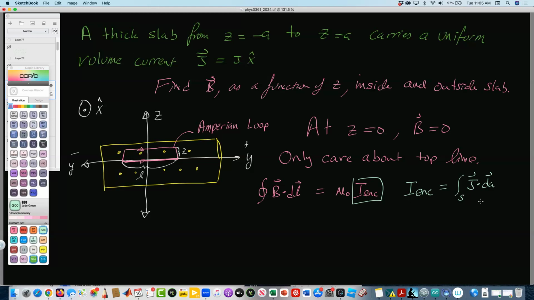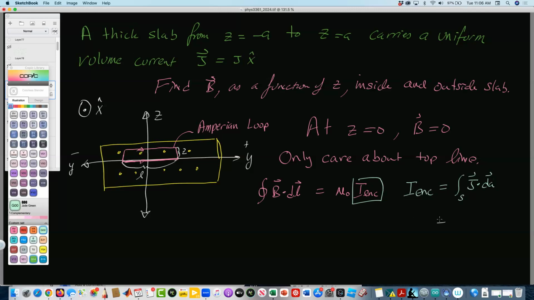Y is changing. Good, so we're going to have a dy in there. What else? No, x isn't changing, and z isn't changing, so it's just going to be z dy. There's no dz because z is not changing. Does that make sense?